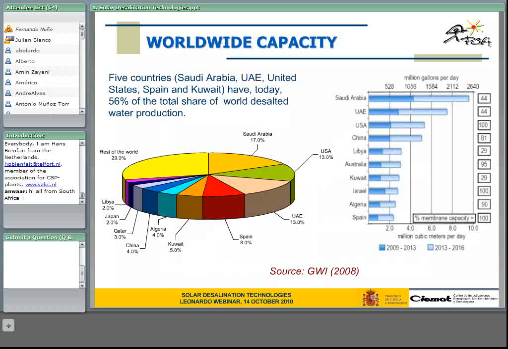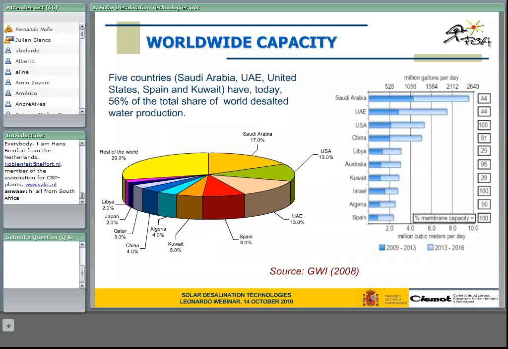The reason why desalination is becoming a very hot topic is that conventional desalination technologies rely on conventional electricity and fossil fuels, but considering the huge increase that is expected in the coming years, energy becomes a very important issue.